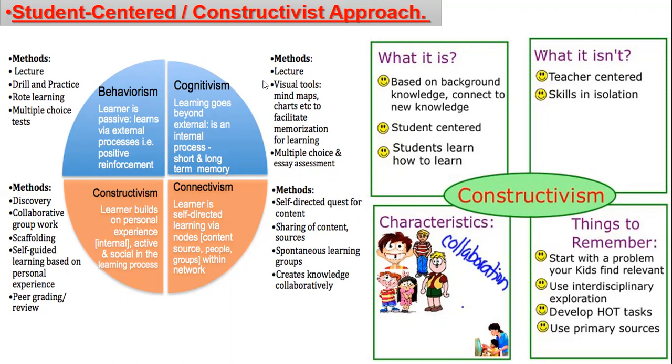Connectivist: learner is self-directed, learning via nodes, content source, people groups, within networks. Constructivist: learner builds on personal experience, internal, active, and social in the learning process. Excellent. Thank you so much.